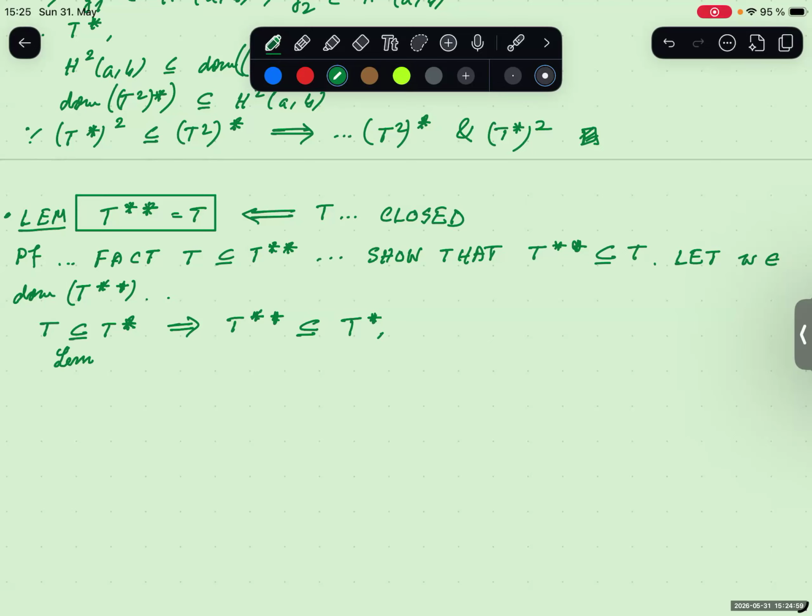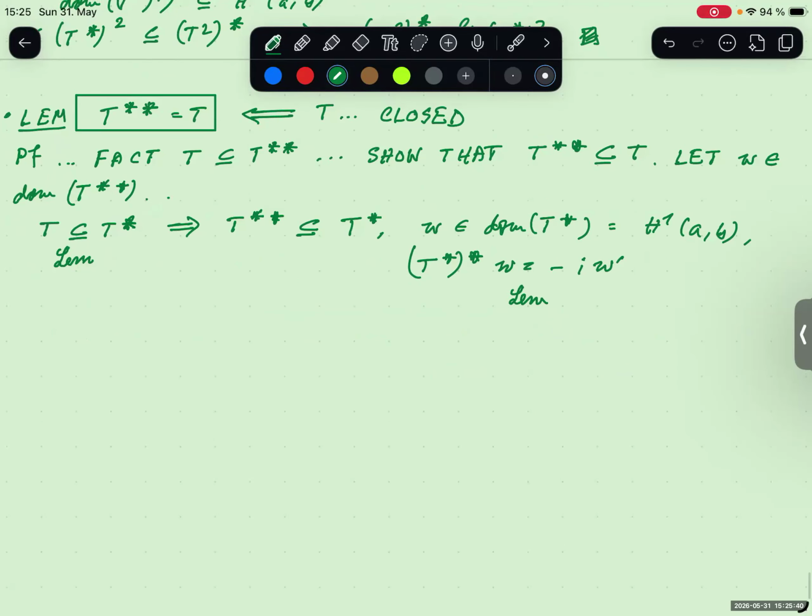So W is an element of the domain of T star. We have also seen this is nothing but H1, AB, and T star W equals minus I W prime. This is also from the lemma we have proven just now.